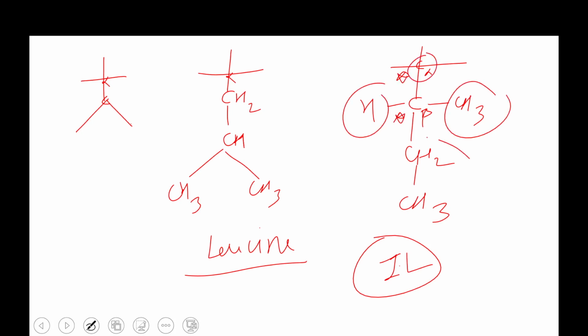So there are two chiral carbons in one amino acid, isoleucine. After that, methionine is one of the sulfur-containing amino acids, we know.